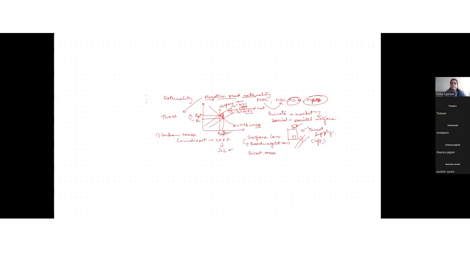Like income tax or corporate tax, that is levied on the consumer directly. That goes from government to the consumer, but indirect taxes go from government to the producers first, and then they go to the consumer.